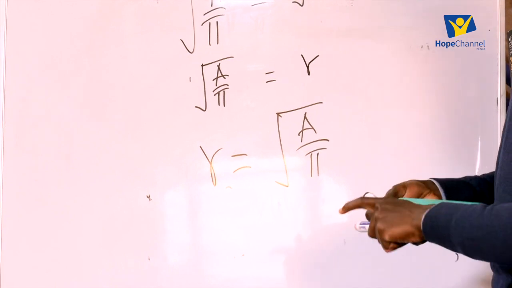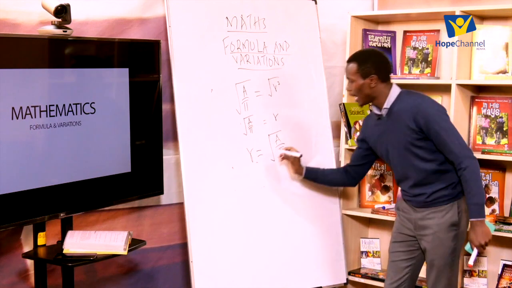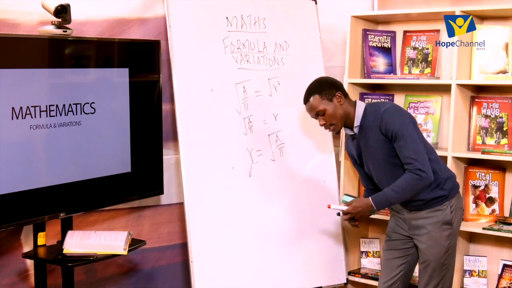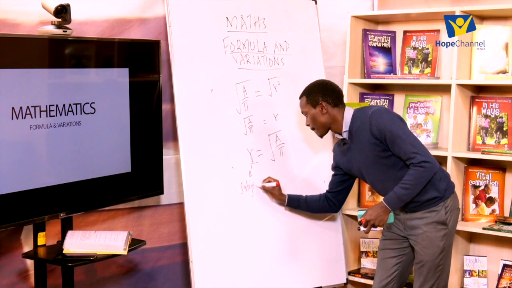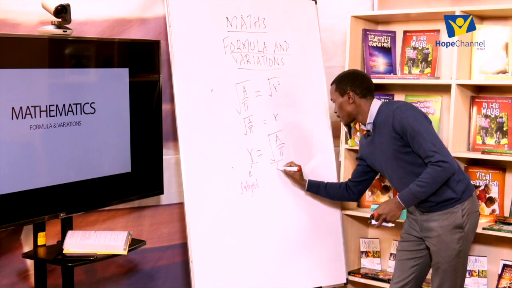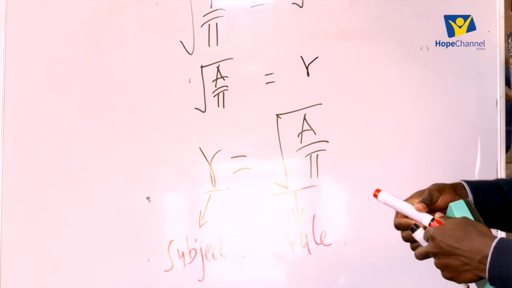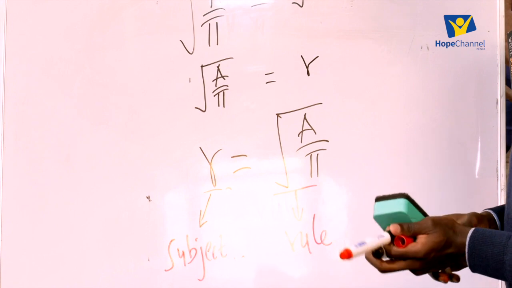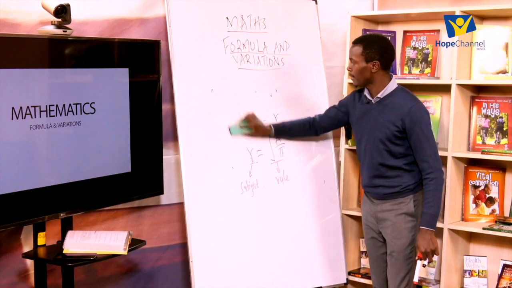So in this case, we have expressed r in terms of a, because now r becomes the subject, while the second part becomes the rule. That is the first example. Now let's move on to example number 2, so that we can express more in terms of the other.